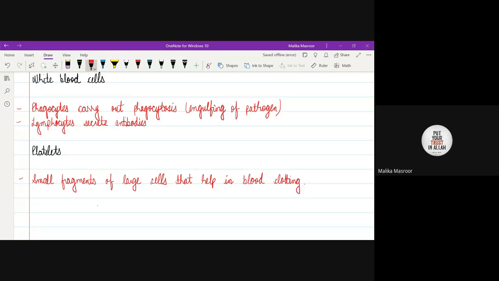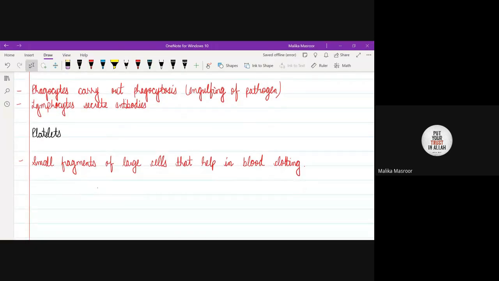So blood plasma contains a soluble protein that is called fibrinogen. Fibrinogen is in your blood plasma, and it is soluble in nature.